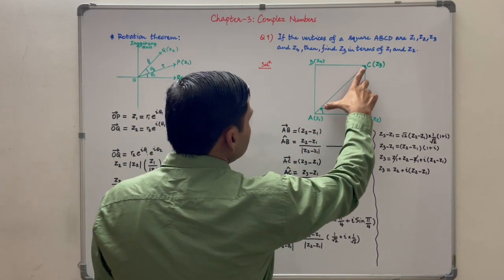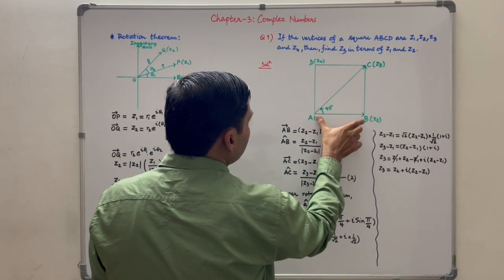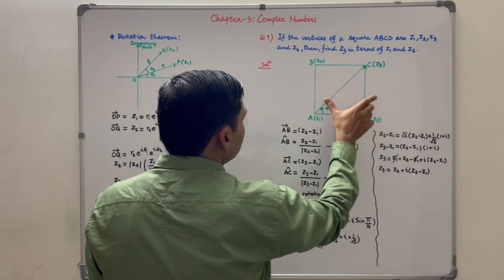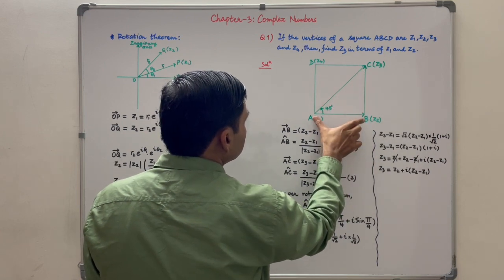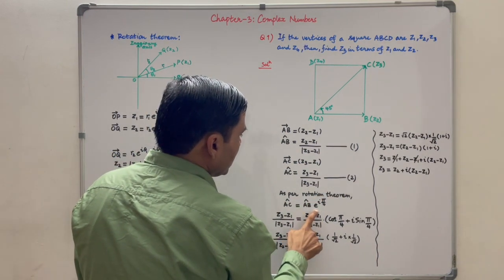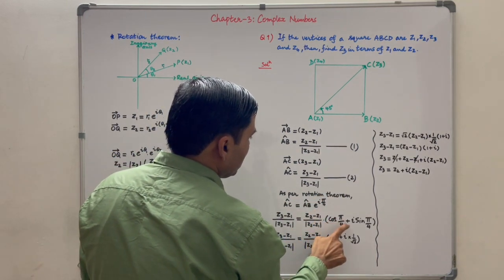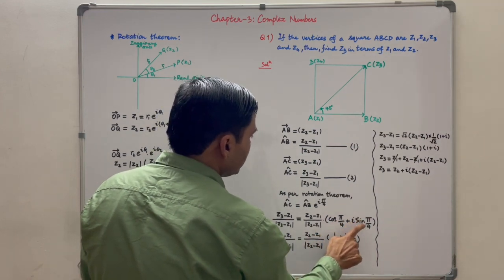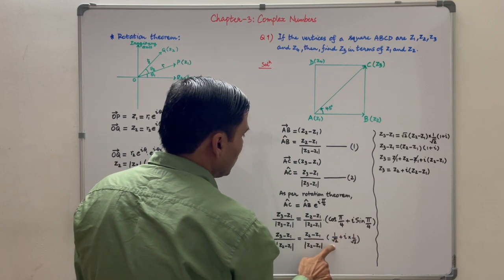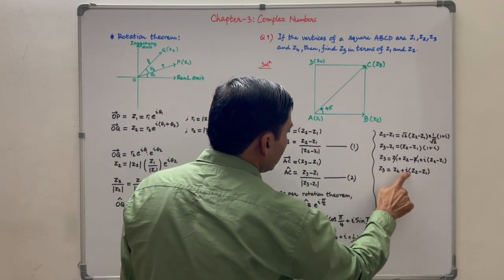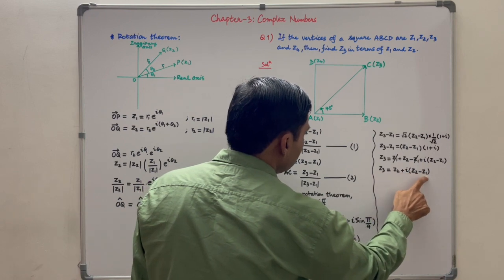We know that AC is equal to root 2 times of AB. So we can say that mod of Z3 minus Z1 is equal to root 2 times of mod Z2 minus Z1. E to power I pi by 4 can be written as cos pi by 4 plus I sin pi by 4. Value of cos pi by 4 and sin pi by 4 is equal to 1 by root 2. So Z3 is equal to Z2 plus I into Z2 minus Z1.